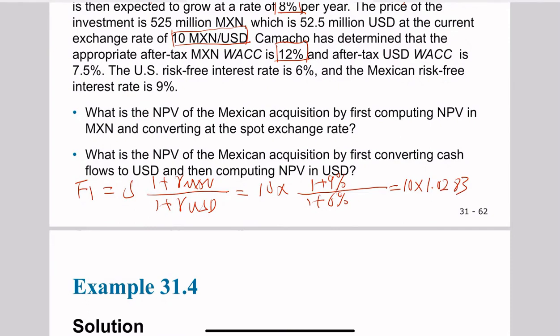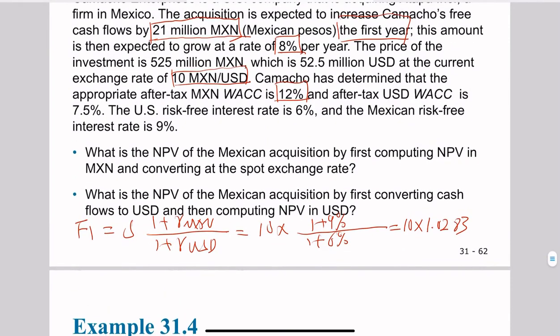Note that the cash flow will last forever, right? It's a perpetuity. So now we only have the first year forward exchange rate. Obviously, we need to calculate all future forward exchange rates. For F2, that is the second year's forward exchange rate, it's similar, and the only difference is you have to use this squared.